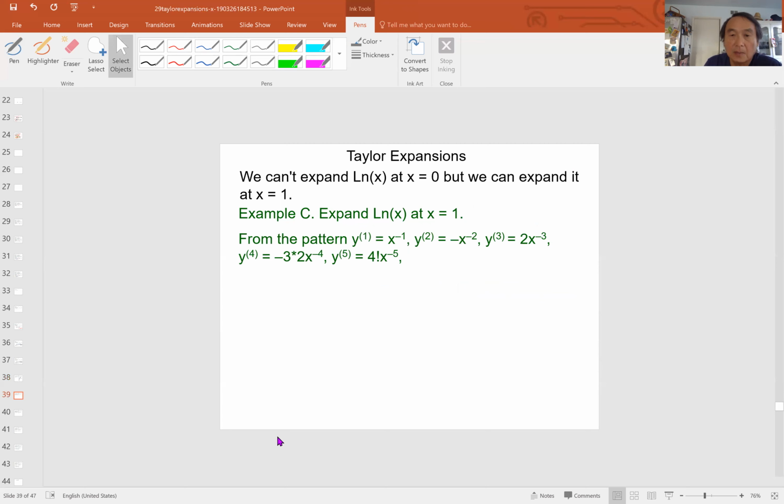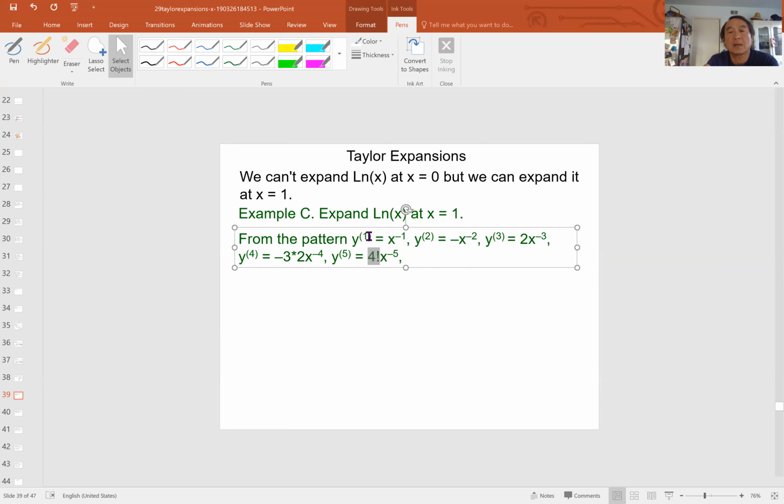For the Taylor polynomial, take the first derivative of log x, second derivative, third derivative, and fourth derivative, and so on, and then look for a pattern. What's the pattern? The coefficient multiplied to the front when I take the derivative forms a factorial.